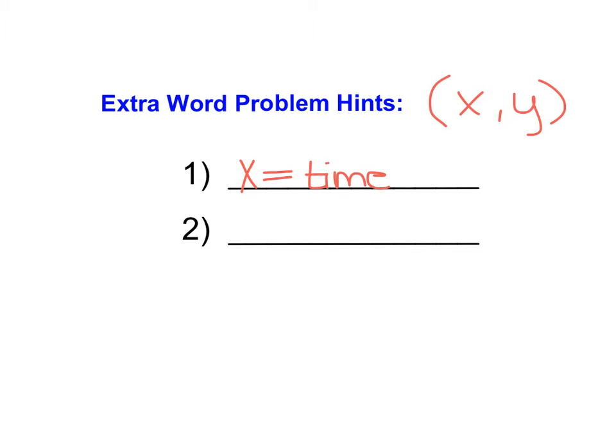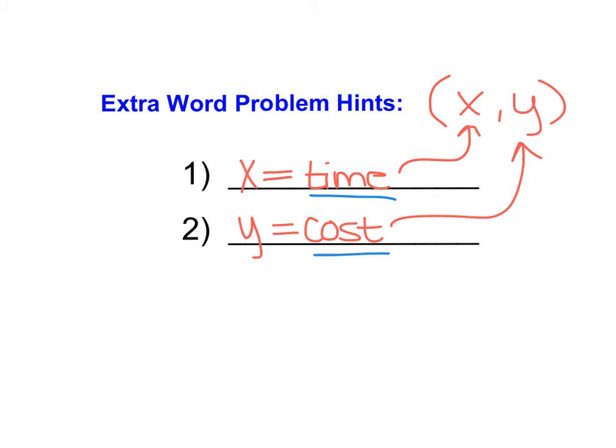So if you see time in the problem, that is going to associate with the variable x. If we have cost in the problem, that is going to associate with the variable y. So we will be asked in each problem, what does x represent and what does y represent? If time is in the problem, it will be associated with x, and if cost is in the problem, it will be associated with the variable y.